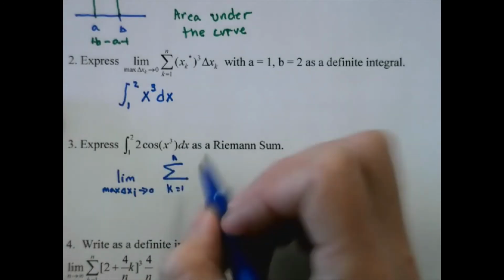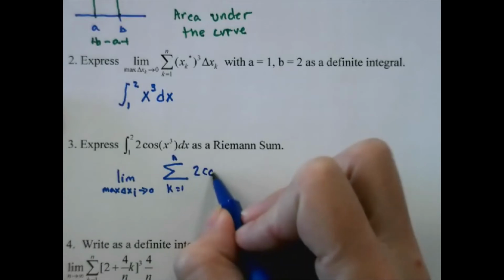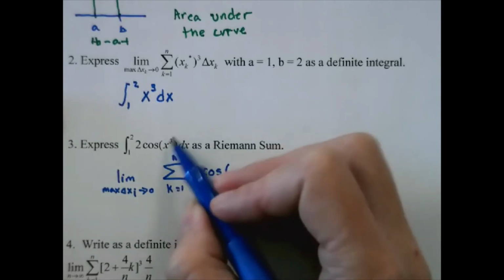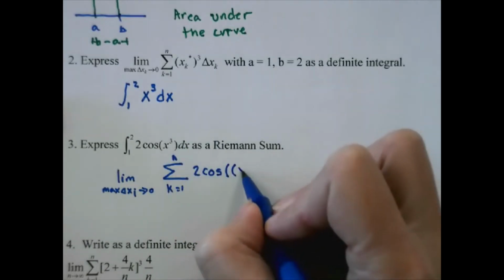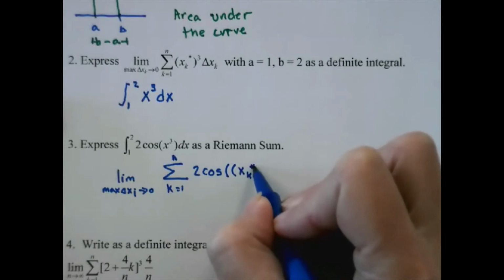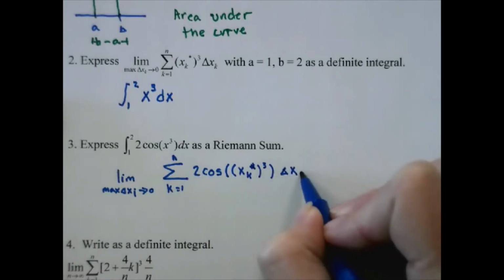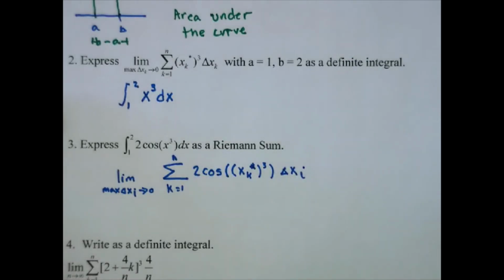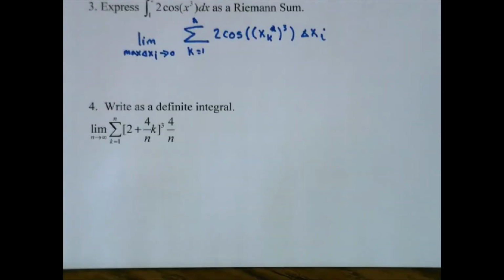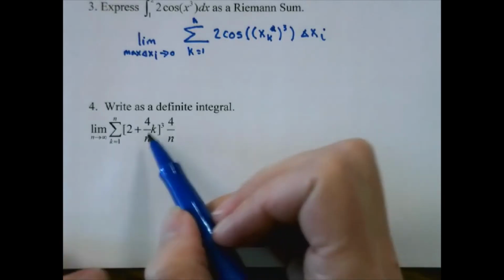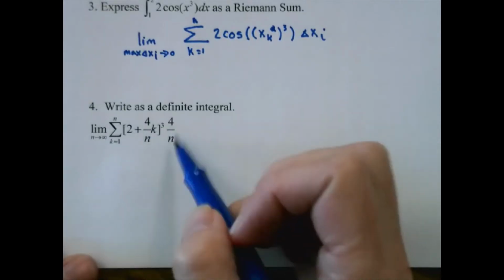Now here we're doing this, so it's just going to be 2 cosine, but instead of x cubed, we're going to have xk star cubed delta xi. Okay, so we're going to write this, the limit as n goes to infinity of the sum from k equals 1 to n of (2 plus 4 over n times k) cubed times 4 over n.